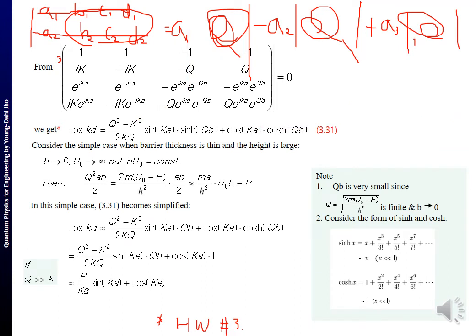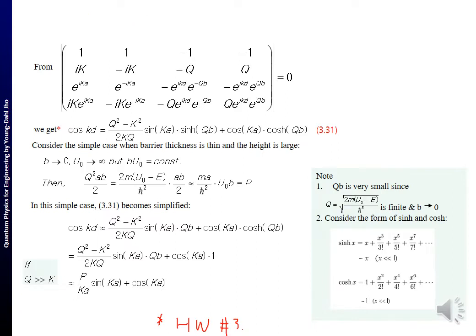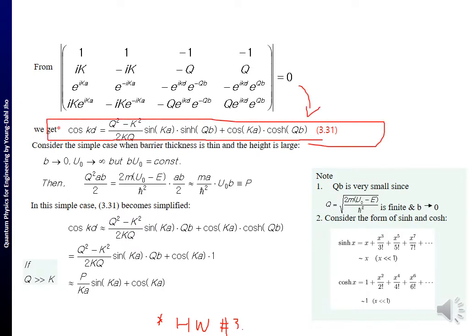If you go through that process and the determinant is set to be 0, you have this equation 3.31. Okay. All right.